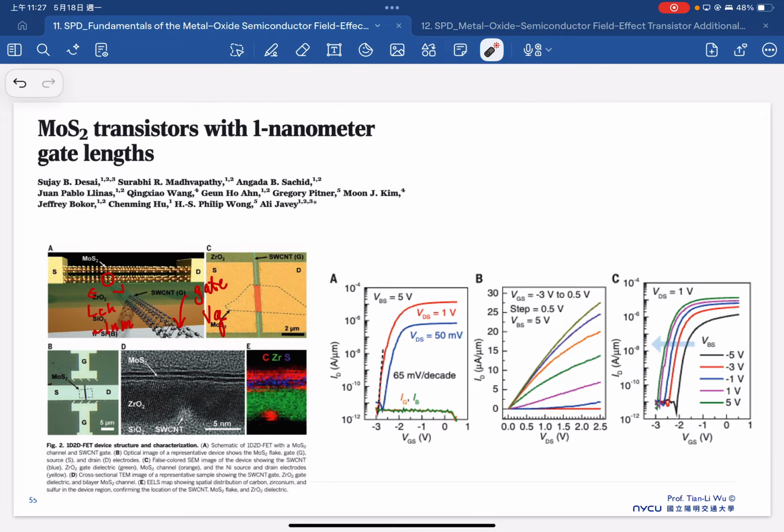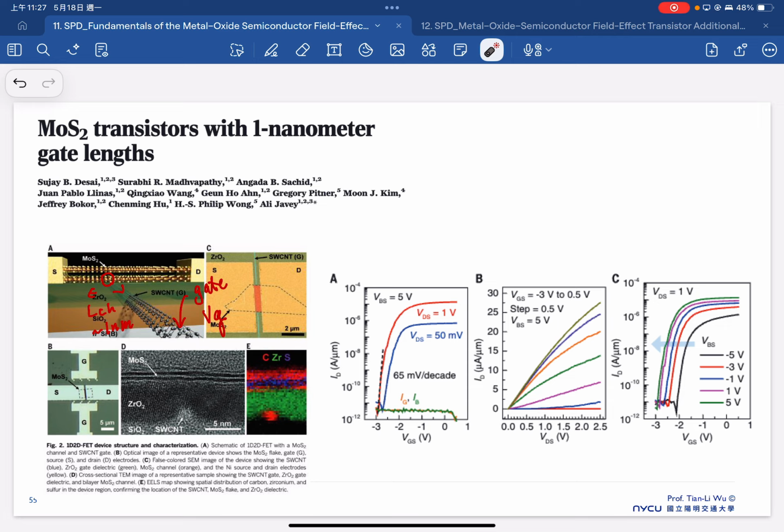As you can see here, this is a functional MOSFET characteristic, reaching 65 millivolt per decade, with a good on-off ratio, good output current, low off current, and a functional ID-VD characteristic. So with all the knowledge you have now, it is enough to understand the key result of this paper.